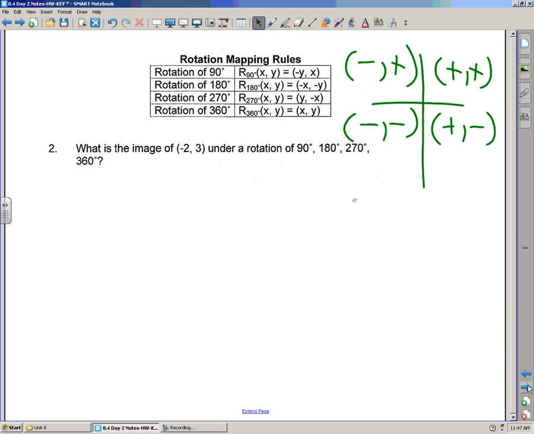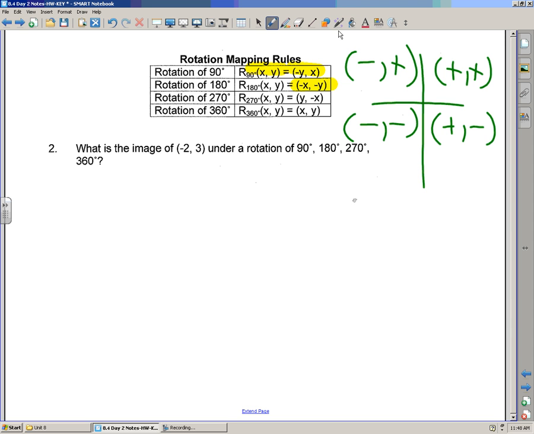So as you do your rotating, when you've got a point in quadrant 1 and you rotate it 90 degrees, counterclockwise as always, you're going to switch your coordinates and change the sign of the first. So it becomes negative y with the positive x. Then if you go again, you switch your order and change the sign of the first, and it becomes negative x, negative y.